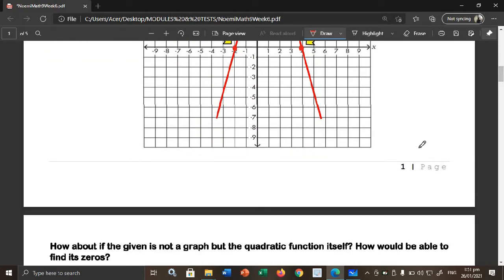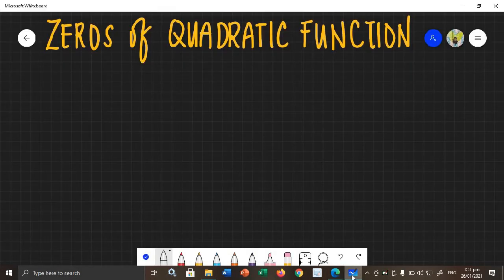Okay? So now that you know how to get the zeros, given na yung quadratic function mo ay nakagraph na, paano naman kung yung mismong quadratic function yung given, hindi graph yung given? How would you be able to solve for its zeros?